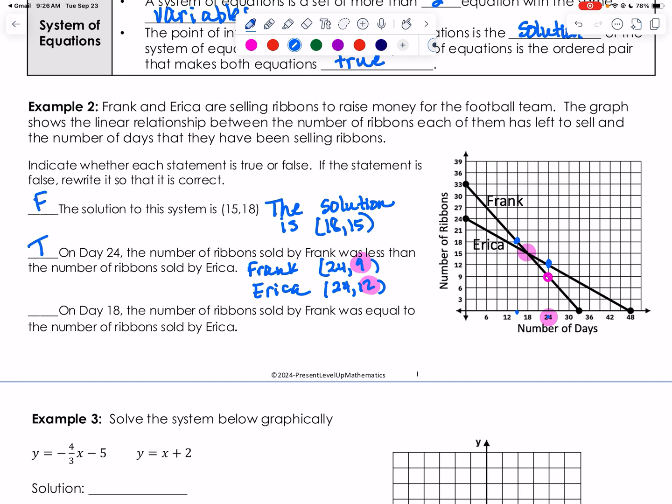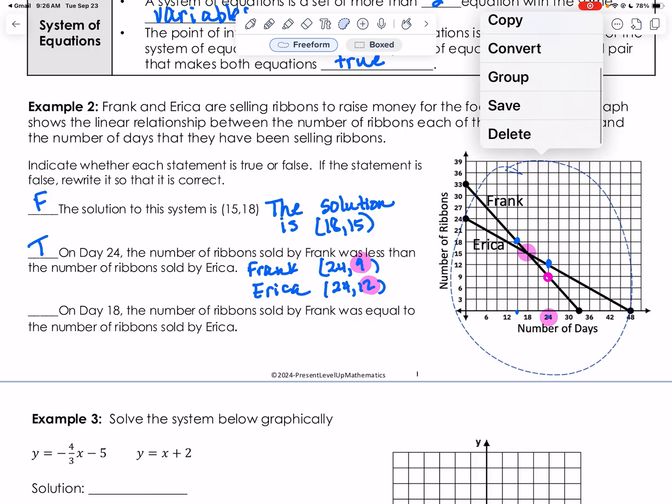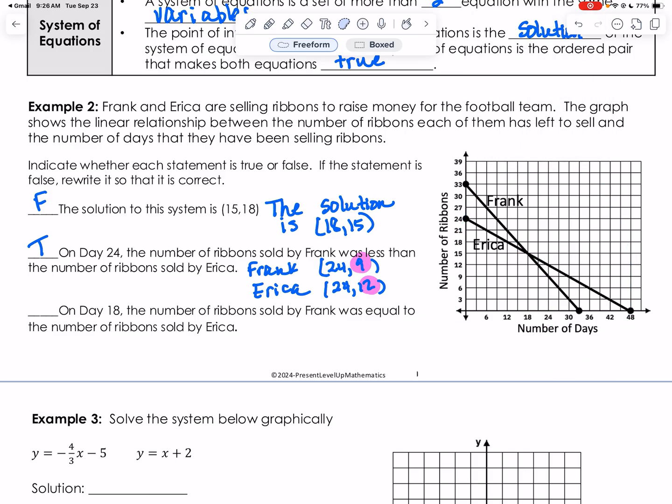All right. On day 18, let me erase all this. On day 18, the number of ribbons sold by Frank was equal to the number of ribbons sold by Erica. So let's see, Frank, Erica, and this time we're looking at day 18.